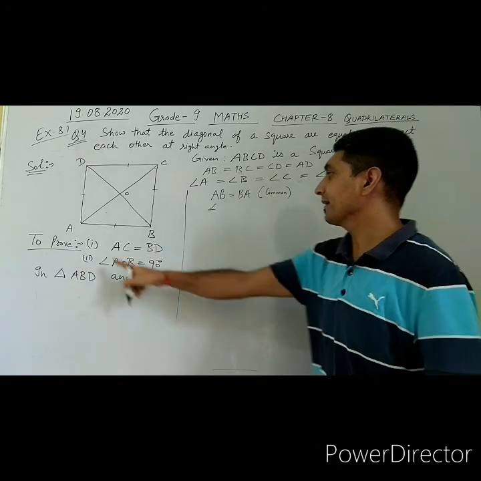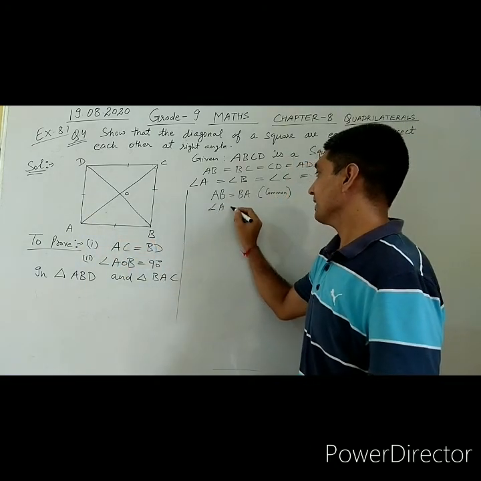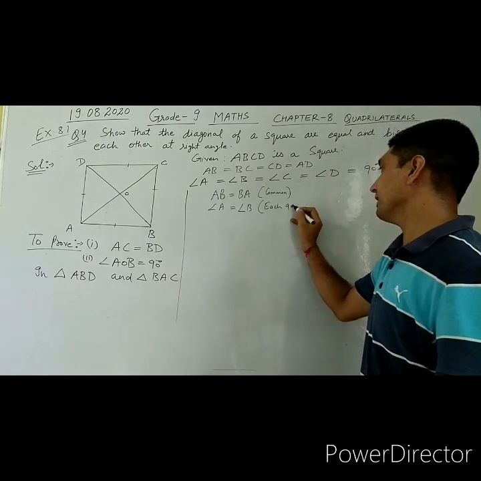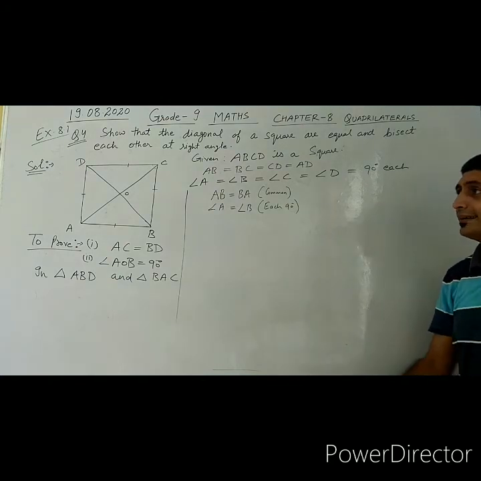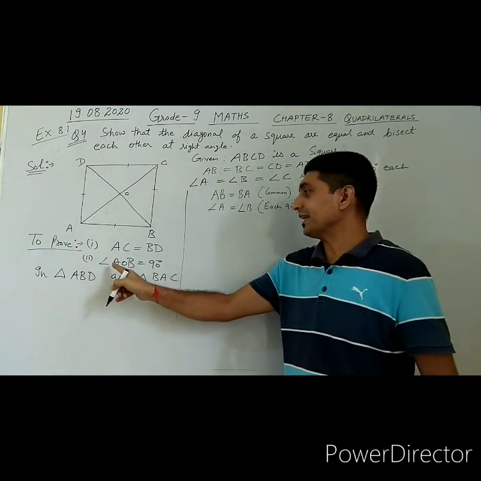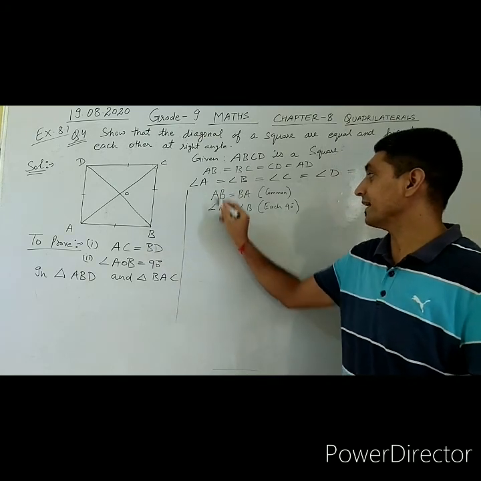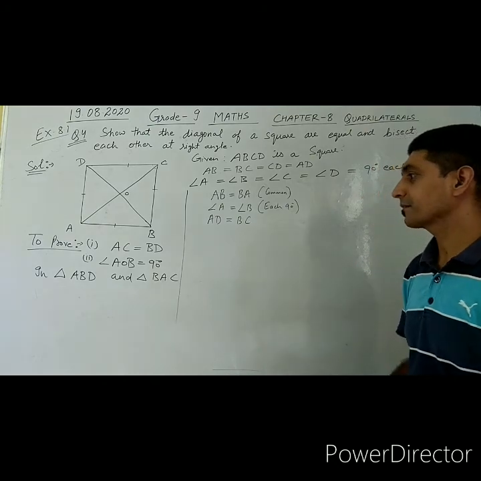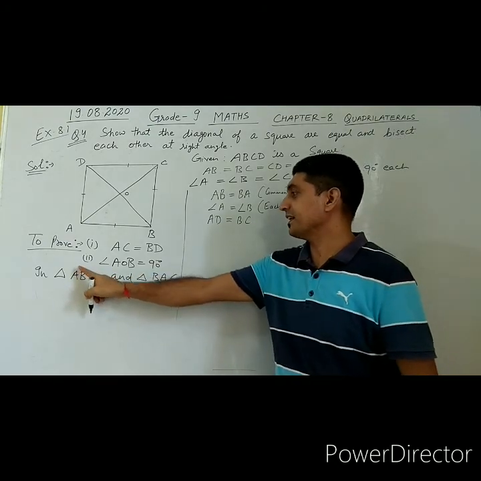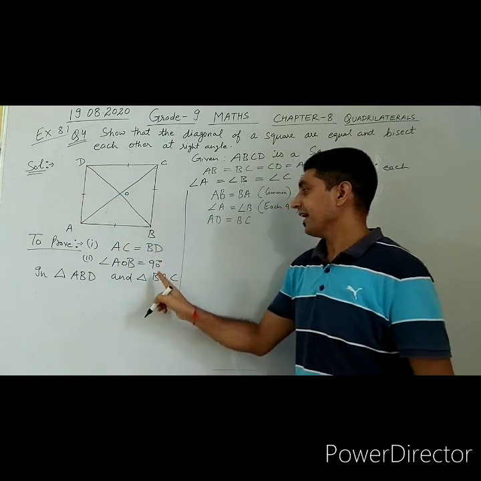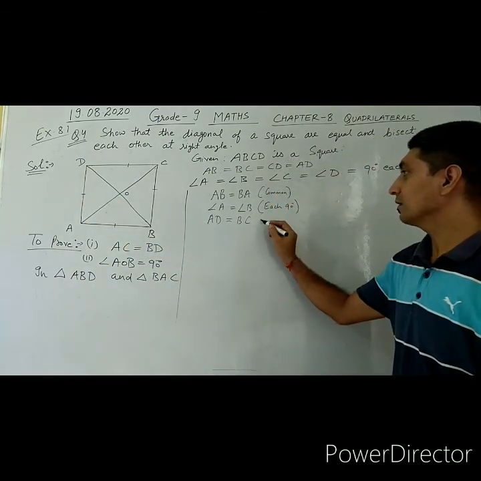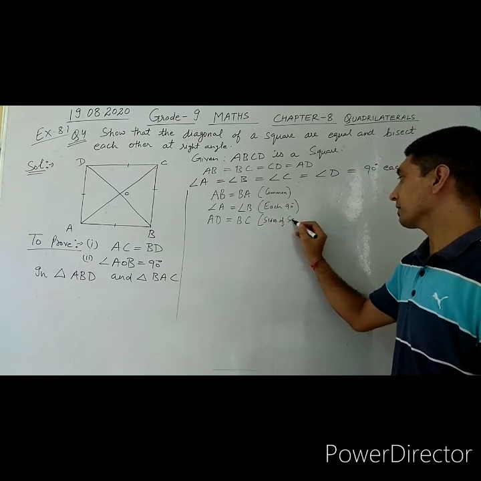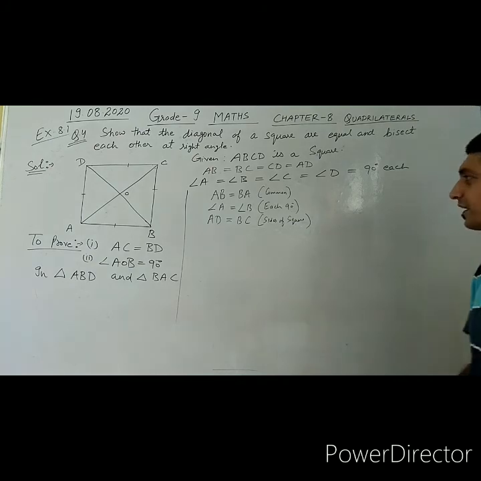Second, angle A in this triangle is equal to angle B, each 90 degrees. And the side AD is equal to side BC, because they are sides of a square, and we know the sides of a square are equal.